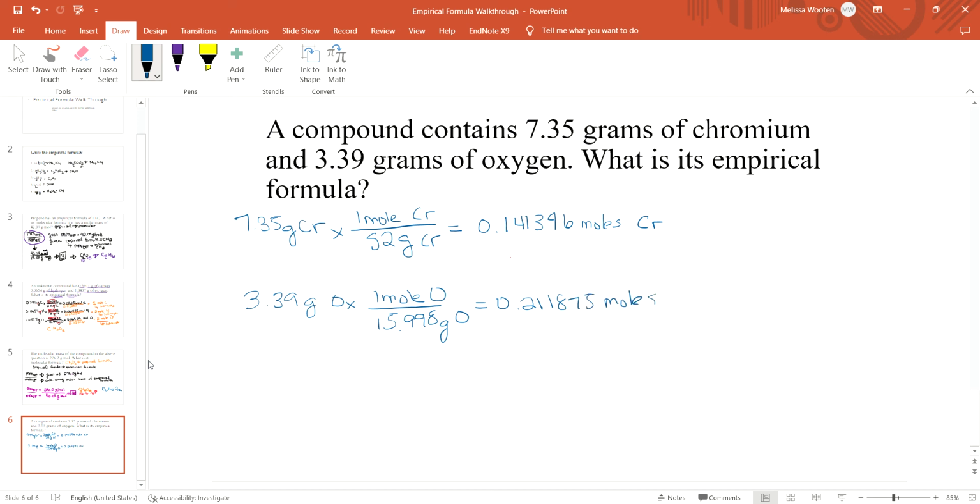Now when we got to this part in the last problem, what did we do? We figured out which one had the smallest number of moles because we needed to make that 1. Right? This one has the smallest number of moles.